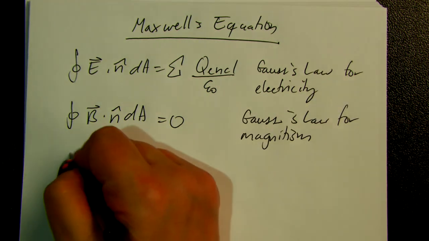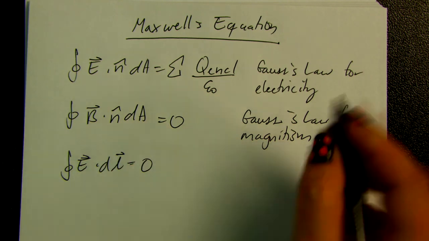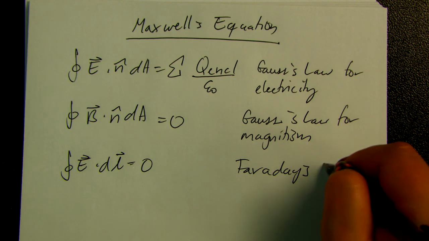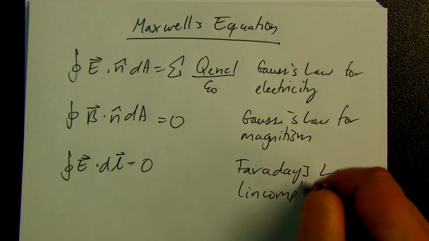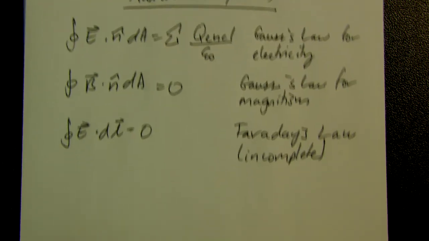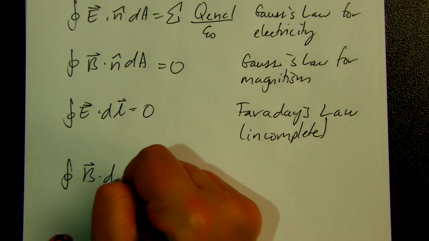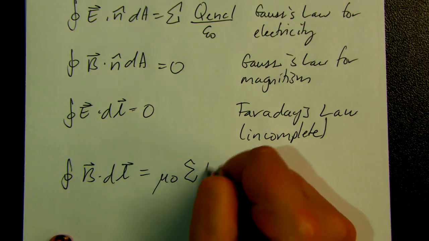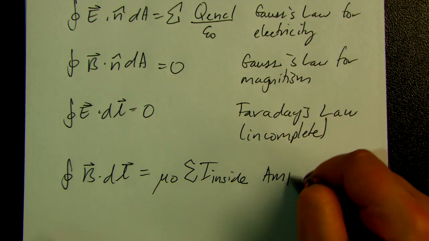And then we have E dot dl is equal to 0, Faraday's law, and this is incomplete. We need to get to the next chapter to get there. And we have B dot dl is equal to mu naught times the sum of the current inside, which is Ampere's law.